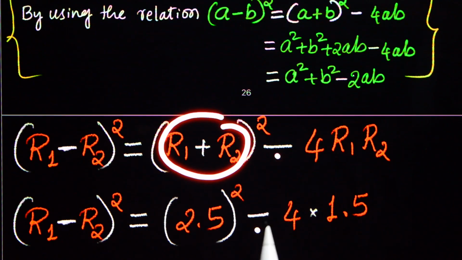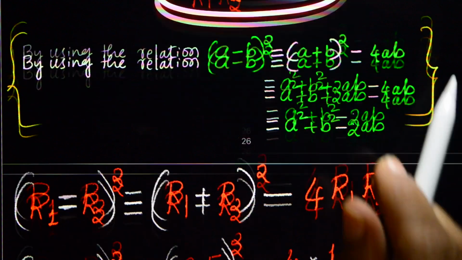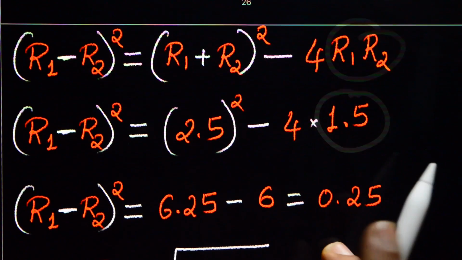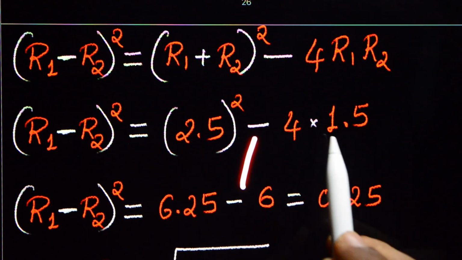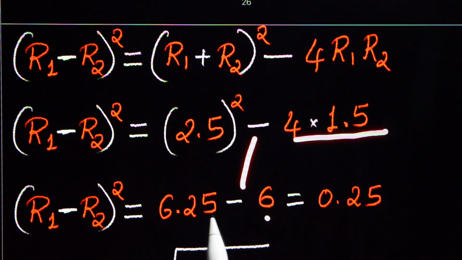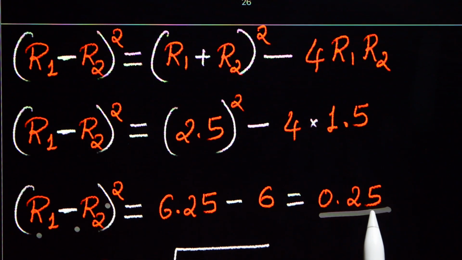Minus 4, and what is R1 into R2? R1 into R2 is 1.5. Now square it. 2.5 square is 6.25, minus 4 into 1.5, that is 6. And 6.25 minus 6 is equal to 0.25. Here R1 minus R2 whole square is equal to 0.25.